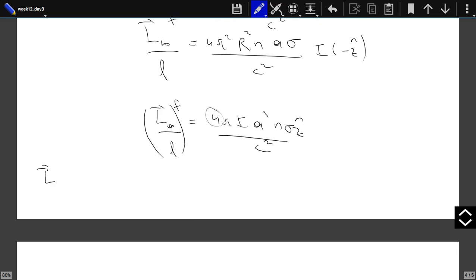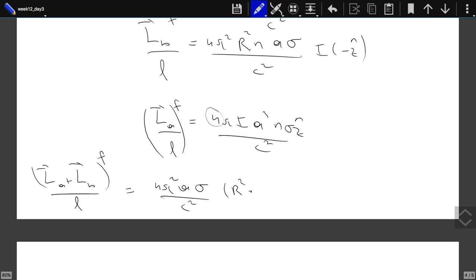So if you just sum them up, L_A plus L_B final per unit length is 4 pi squared a sigma over c squared times R squared minus a squared times n in the minus z hat direction.